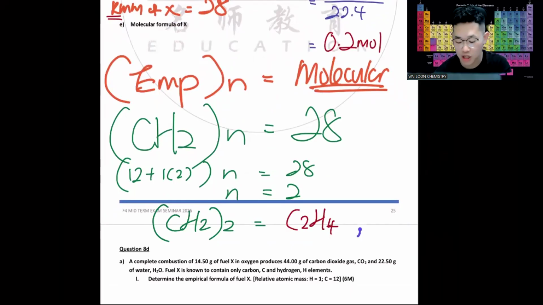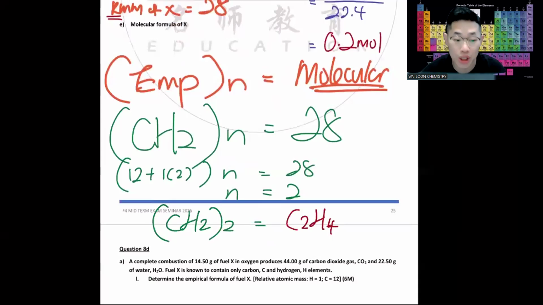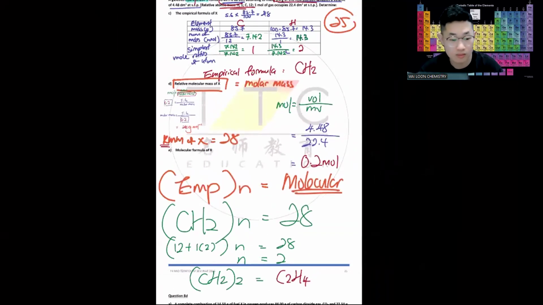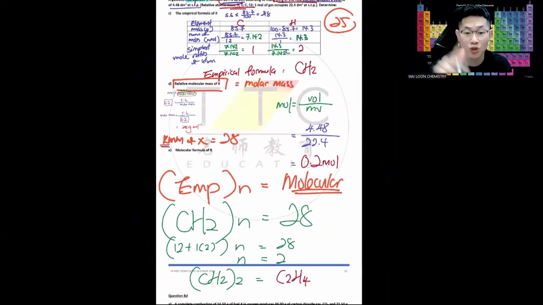You can always double check your answer by putting in the mass of carbon and hydrogen, see if it equals to 28 or not. One question like this is 7 to 8 marks. One whole question like this, 7 to 8 marks.